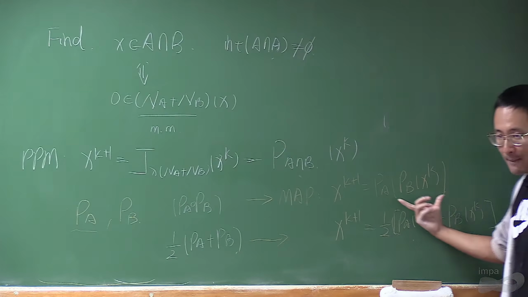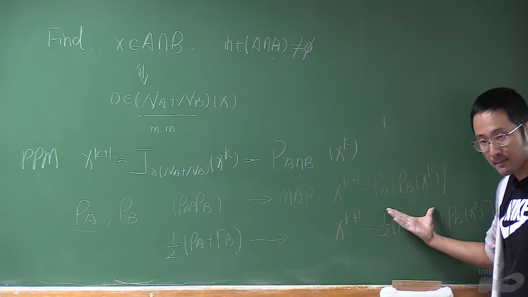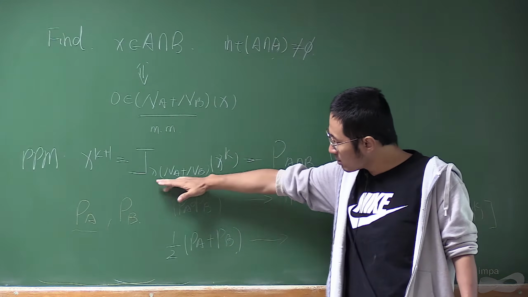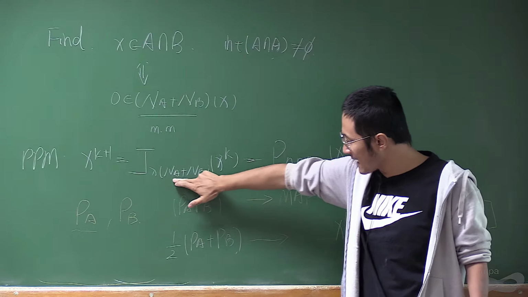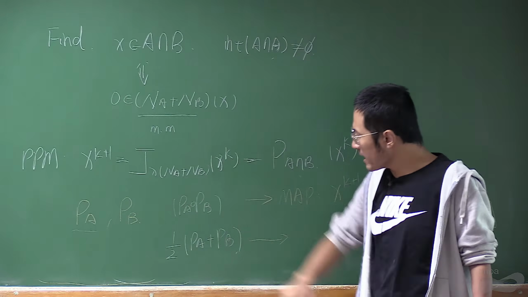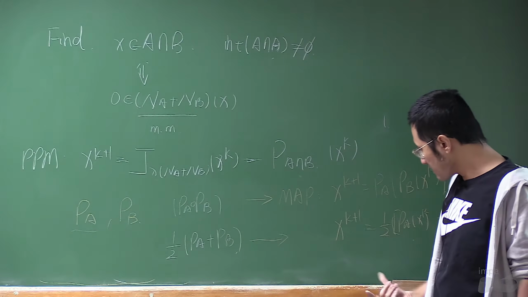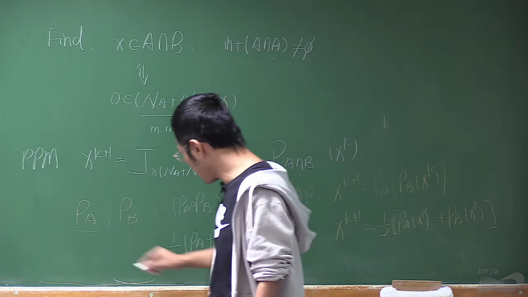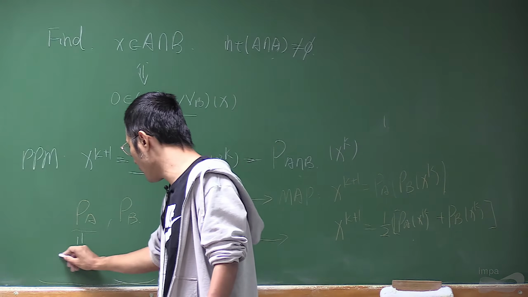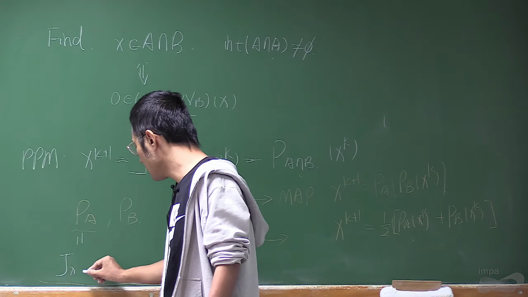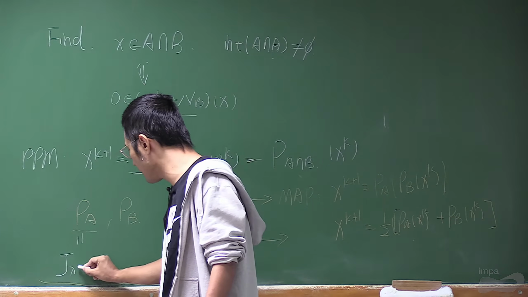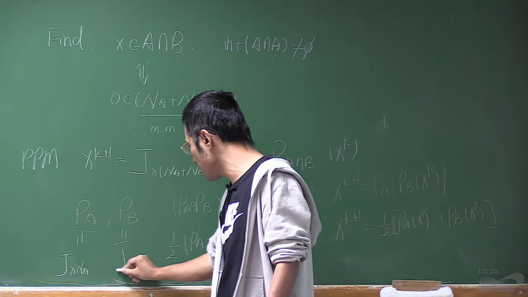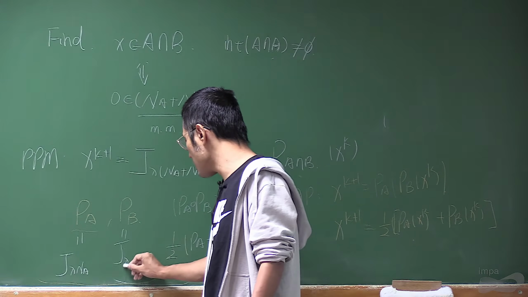This is an example of what we call the splitting method, because instead of calculating the resolvent of the sum of these variables, we can calculate the resolvents separately. Actually, this PA is the resolvent of the normal cone operator NA, and this is the resolvent of NB.